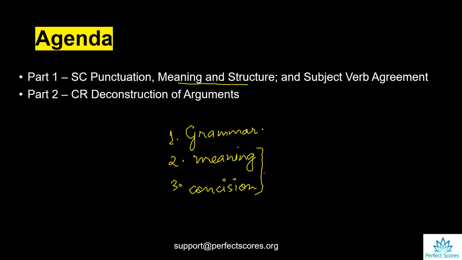And looking at the grammar-based errors, there are about 7 errors that you will be tested upon, one of which we are going to cover today. That is what I call subject-verb agreement. And then there are some other errors like verbs. Verbs is a huge part of GMAT sentence correction. A lot of questions come from verbs, and difficult sentence correction questions usually test verbs.